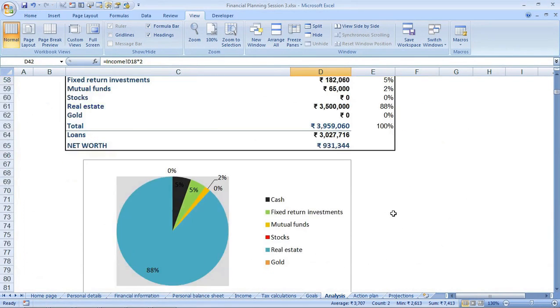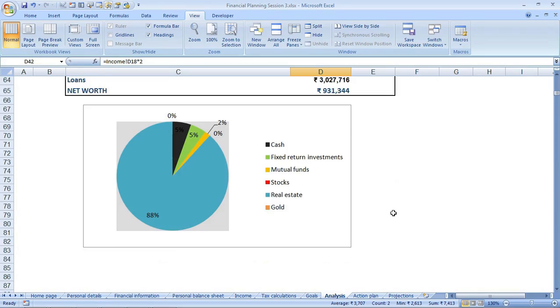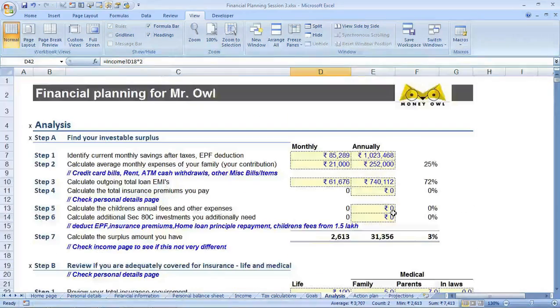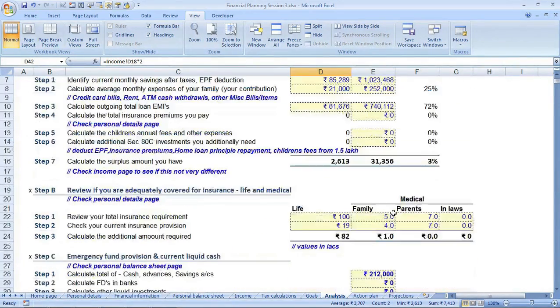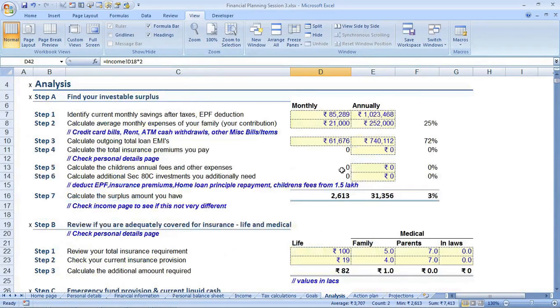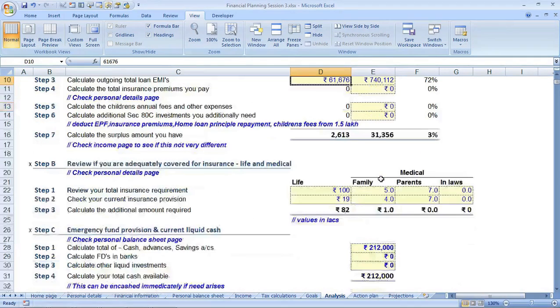We'll also look at a more detailed projection or time-based execution of his plan. But for now, the analysis from this sheet reveals two things. From step A, currently he is unable to invest because of his high loan payments.